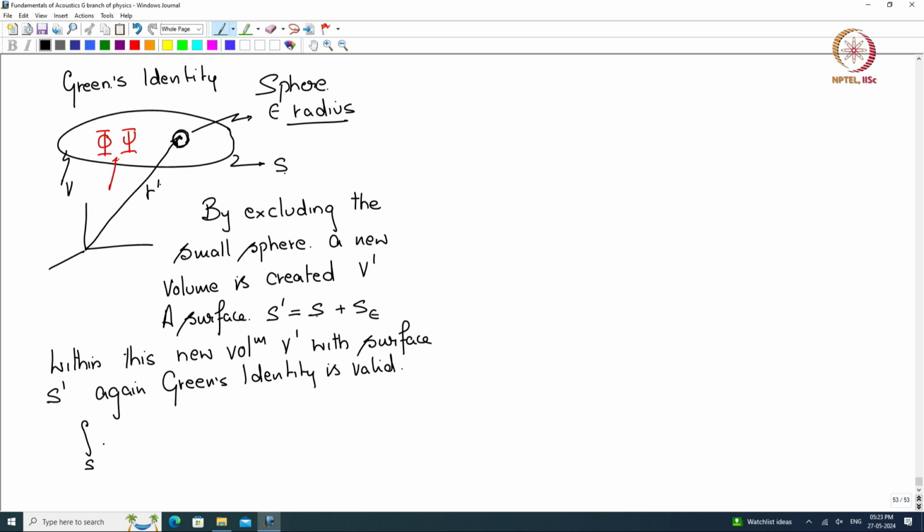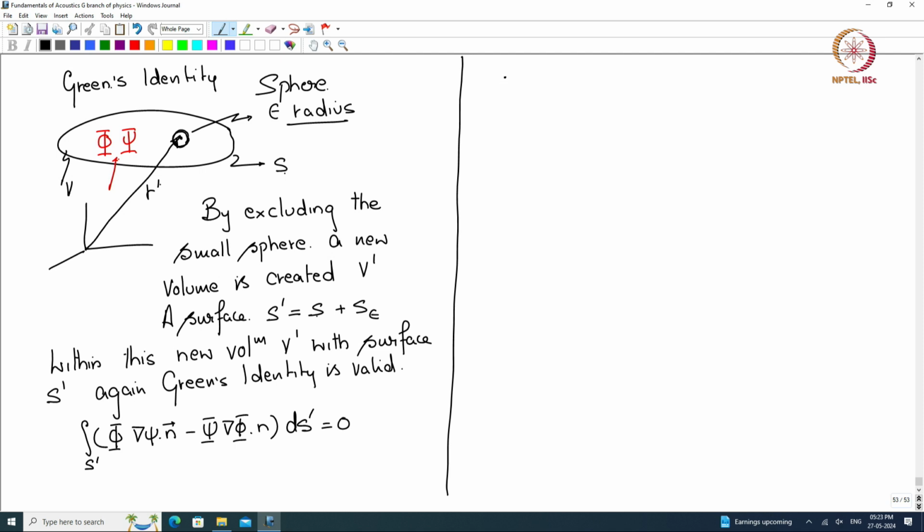Now we can apply the integral of phi del psi dot n minus psi del phi dot n ds equal to 0, or ds dash, sorry, S dash is the new surface. But what is this new surface?